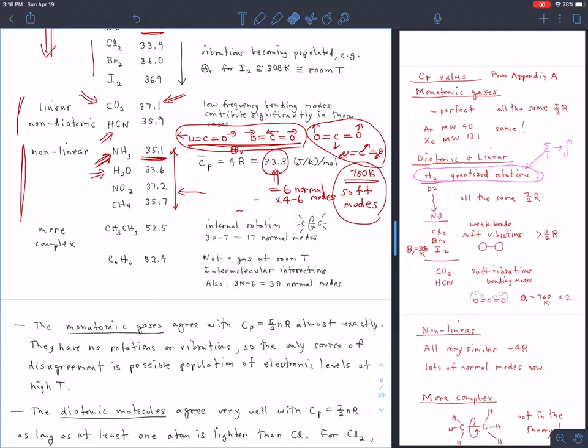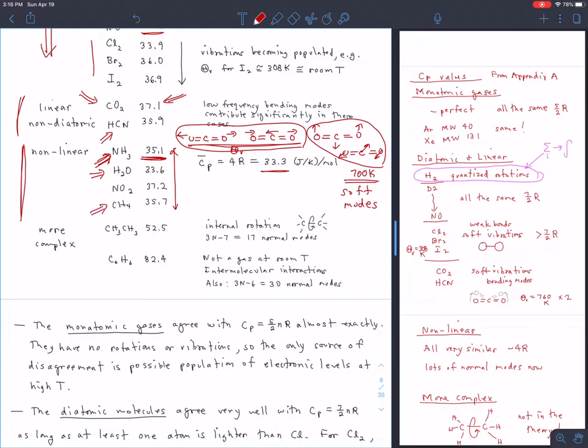I don't think ammonia has any soft modes, but there are a lot of them. There are 6 of them now. So they add up, and that gives a value of 2 more or less added to the heat capacity for ammonia.